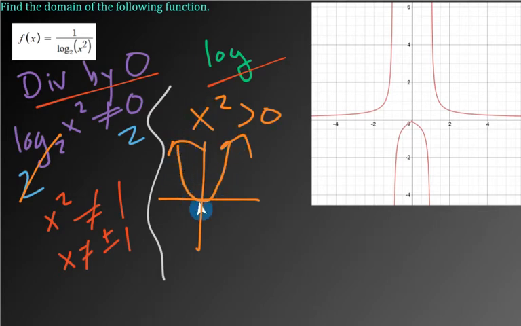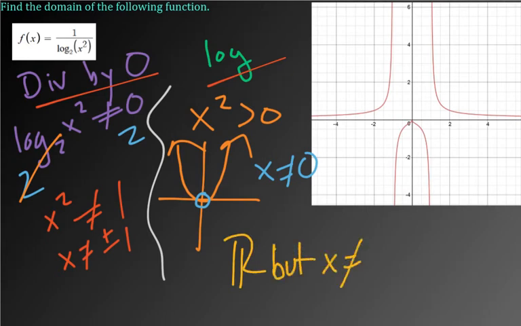This thing is almost always greater than 0, except right at the origin. So basically all reals but 0 work there, right? So what we get as a final answer is all reals, but x just can't be 1, -1, or 0, right?